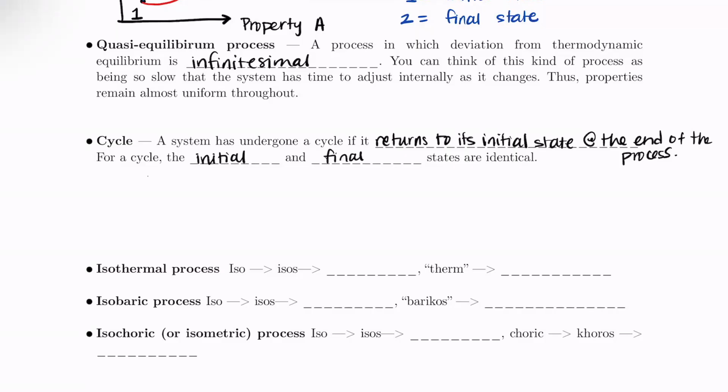All right, so if we go back to our property A, property B chart, but this time I'm going to put pressure on the vertical axis and then volume on the horizontal. A cycle will look something like this. So we'll start from state 1 and go to state 2. This is what our path will look like, for example.